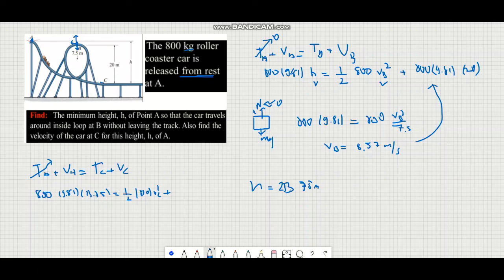It is on the datum line, so there is no potential anymore, so it's gonna be 0. Therefore our VC, the velocity at point C, is gonna be 21.6 meters per second. We found all the questions asked.